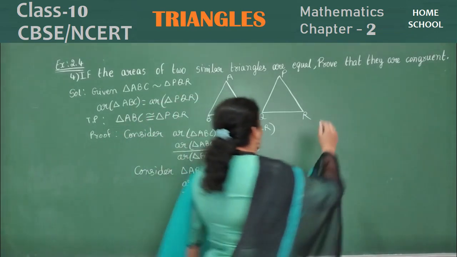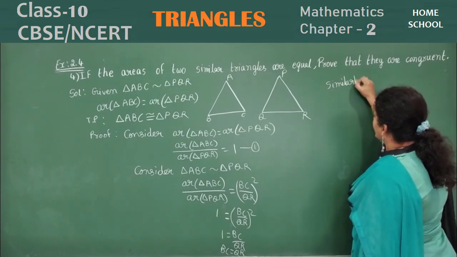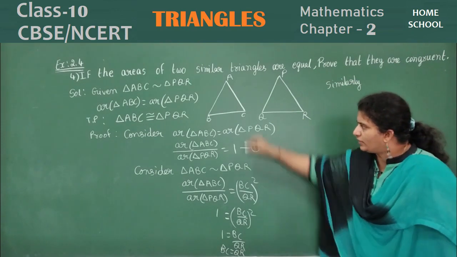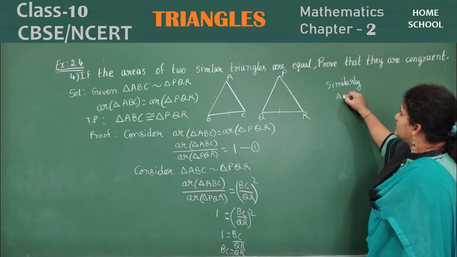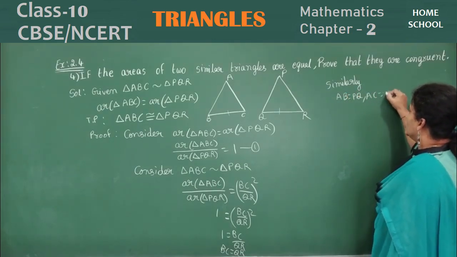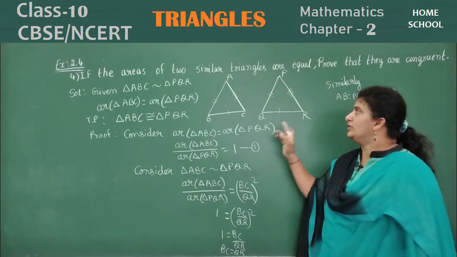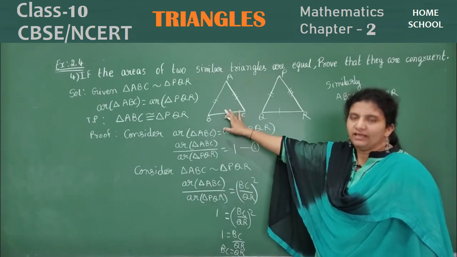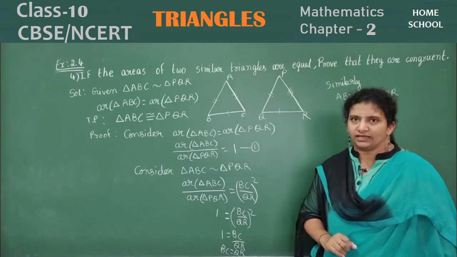So similarly, AB is equal to PQ and AC is equal to PR. All the corresponding sides of one triangle are equal to the corresponding sides of the other triangle.